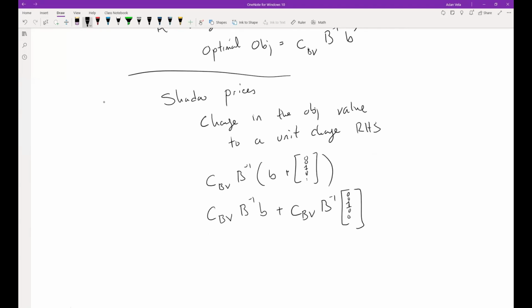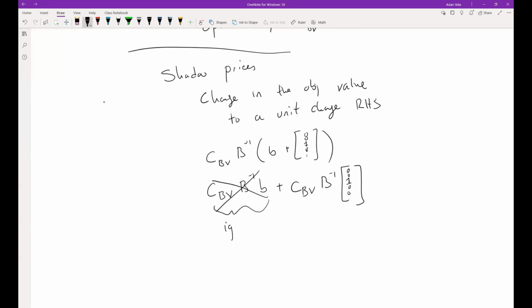So this part doesn't matter, so we can ignore that. And if this is the ith row, then calculating this value of CBV B inverse times 0, 0, 0, 0, 0, 1 for that ith row corresponds to the shadow price for the ith constraint.